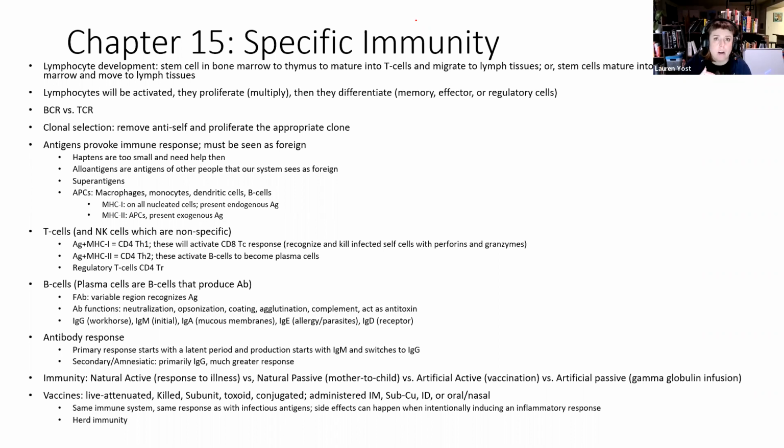CD3 helps with that interaction. And then CD4 and CD8 will be the ones that help as well with that interaction, verifying the MHC and all of that. Now, CD4 is present on the T helper cells. CD8 is present on T cytotoxic cells.